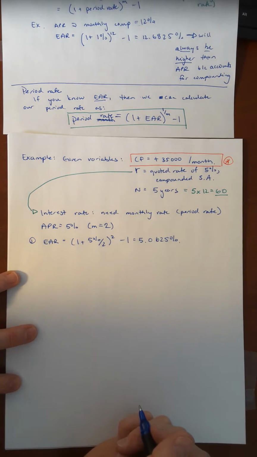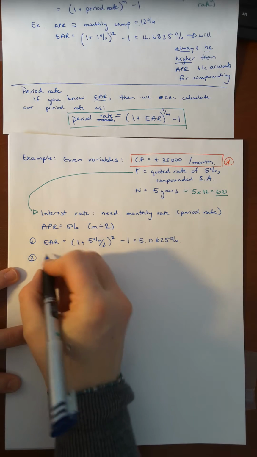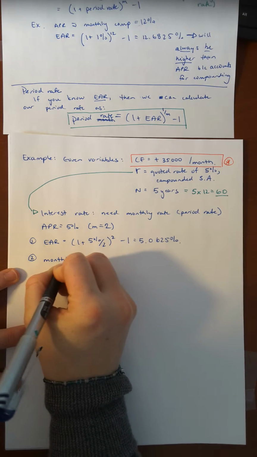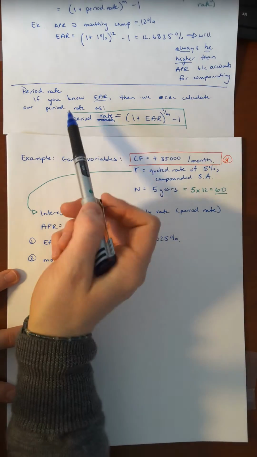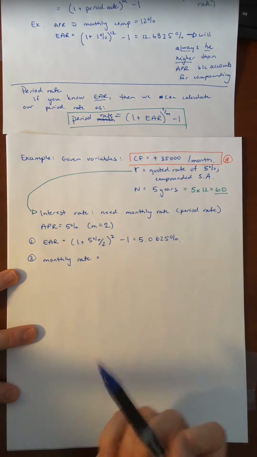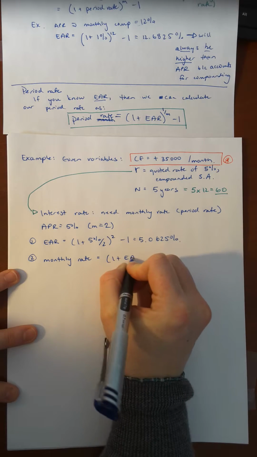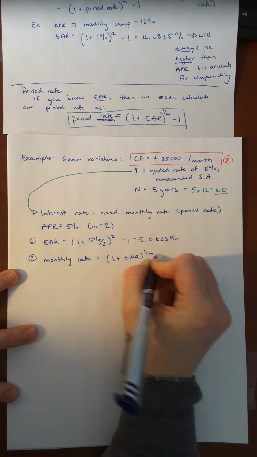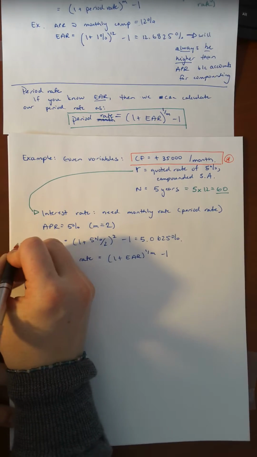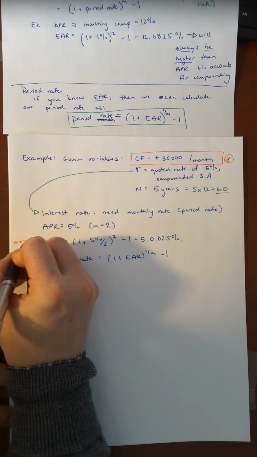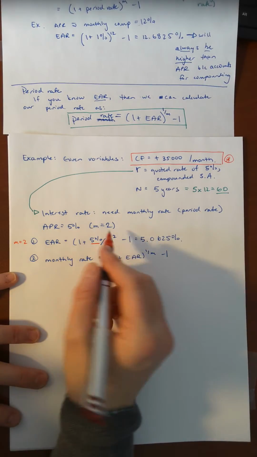Now, I can't stop there. If my cash flows were annual, then I could stop there, but I'm looking for a monthly rate. To find a monthly rate, I'm going to employ my period rate formula: 1 plus the EAR to the power 1 over M, minus 1. Note that the M in the previous step was equal to 2, because we had an APR with a semi-annual compound period.